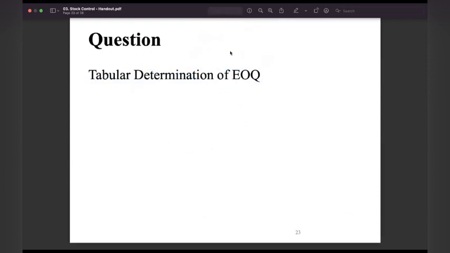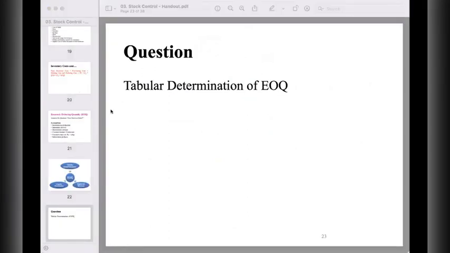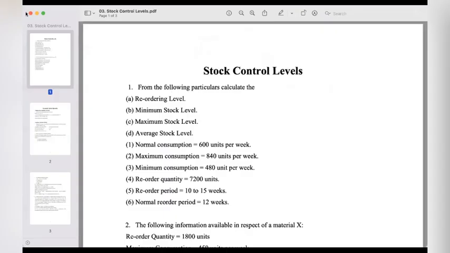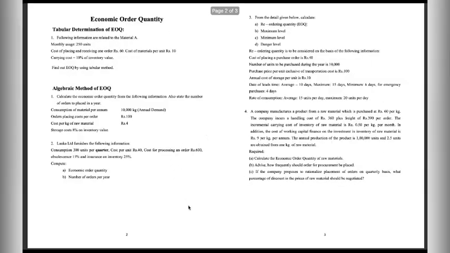Okay, now let's go to our questions. I might have shared this with y'all. So open the question tube. Let me also open the question tube. Okay. So here, the first two questions we did for stock control levels.